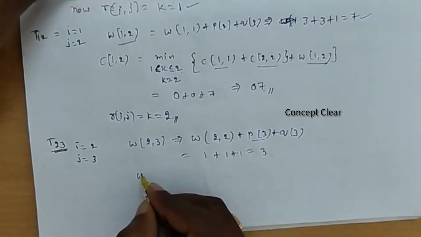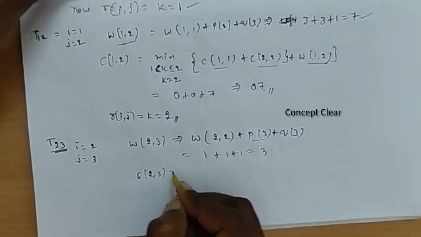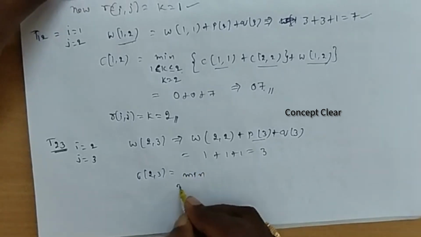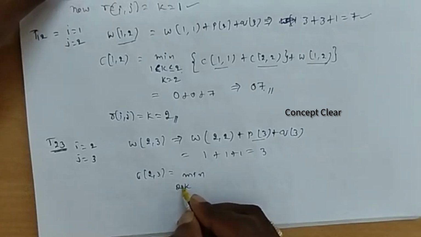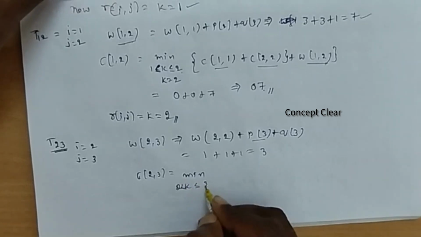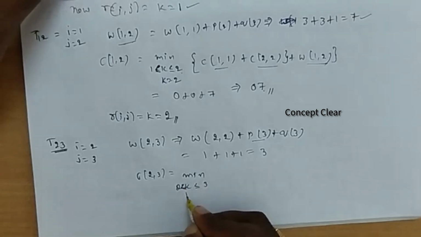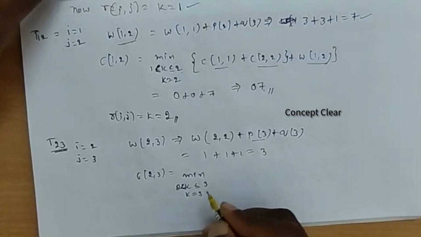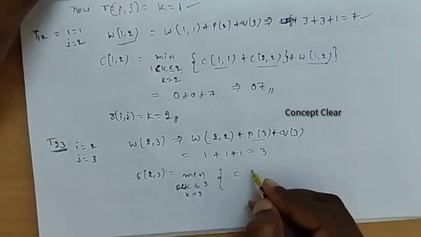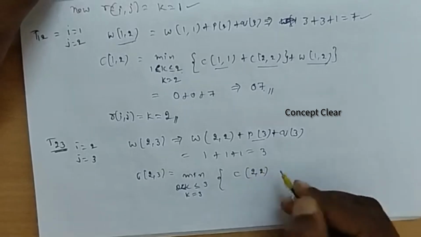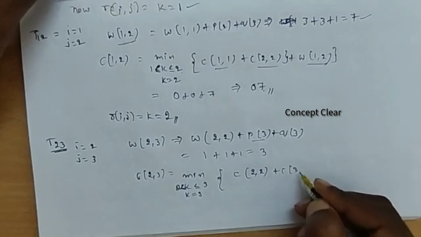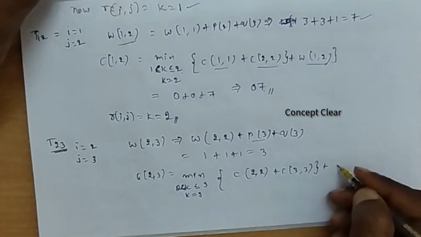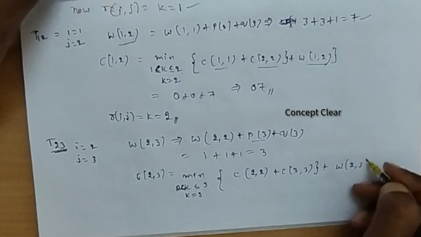Next, C of 2 comma 3. What is the answer here? What is the equation? Minimum of 2 less than K less than or equals to 3. According to this condition, K is greater than 2 and less than or equals to 3, so K equals to 3. So here I am writing C of 2 comma 2 plus C of 3 comma 3 plus W of 2 comma 3.